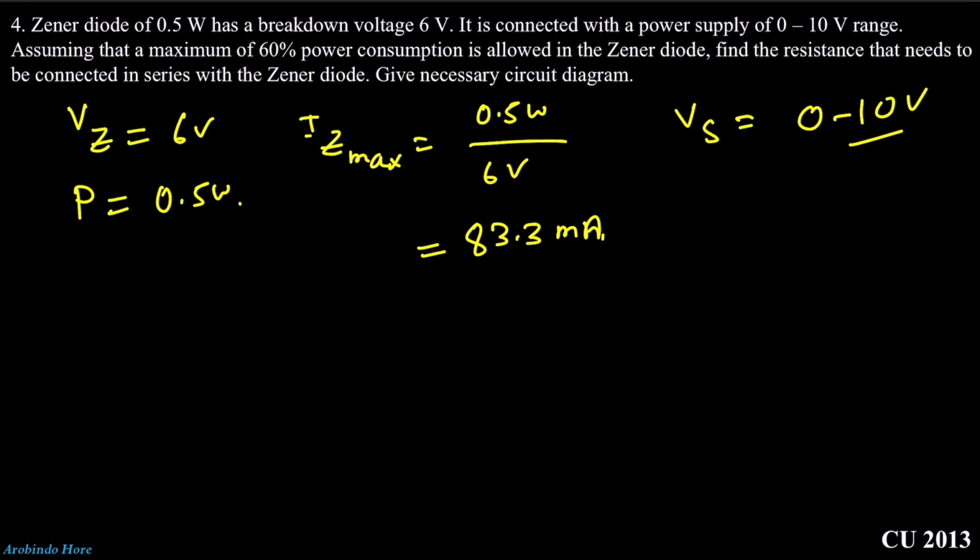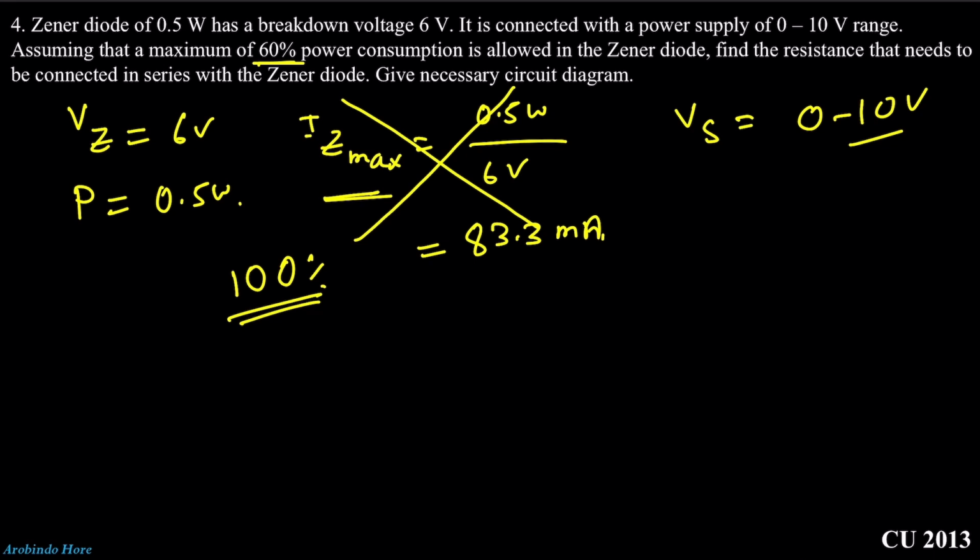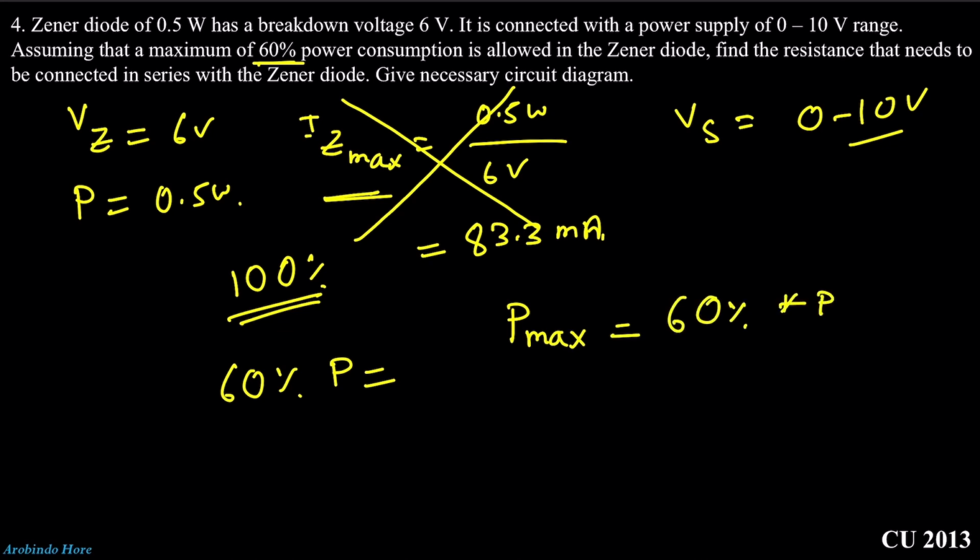Here we already calculated Iz max for the 100% consumption. They provided 60% consumption, which means we cannot calculate Iz max like this. We need to consider 60% of the power. The maximum permissible power P max we can use is 60% of the power specified.